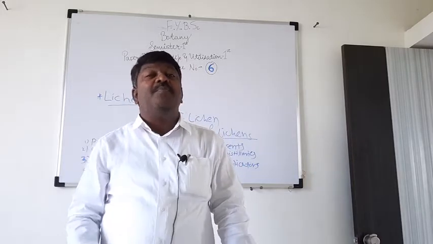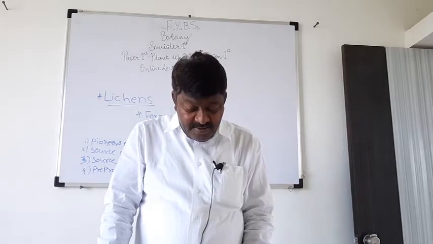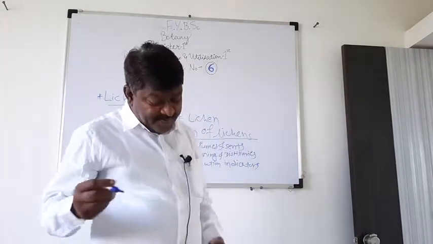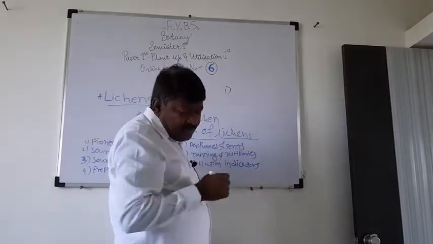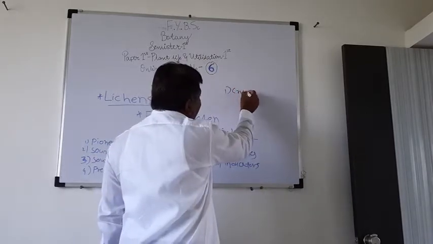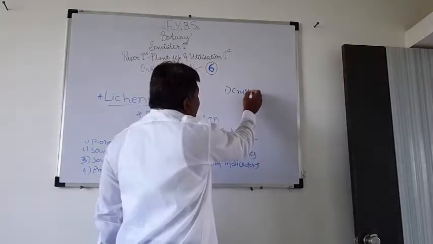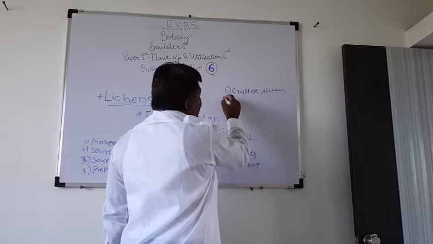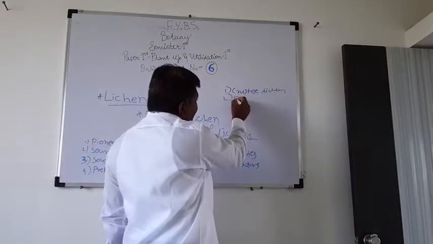On the basis of morphology of lichen thallus, there are three types of lichens. First type is crustous lichen. Second type is foliose lichen.